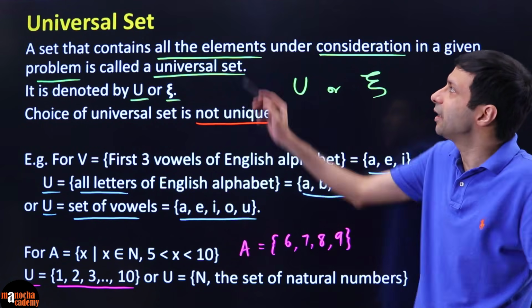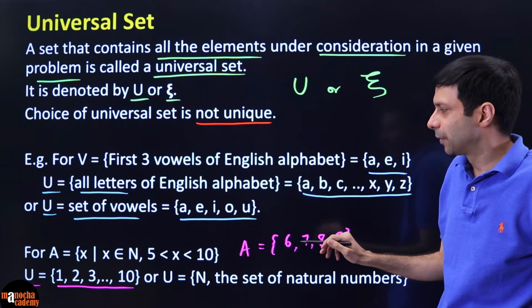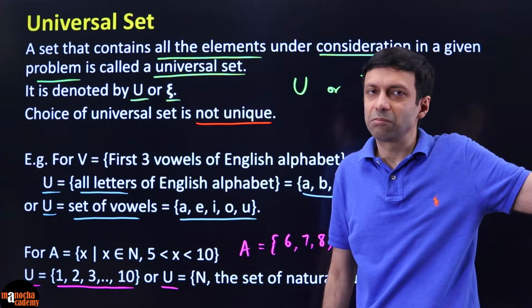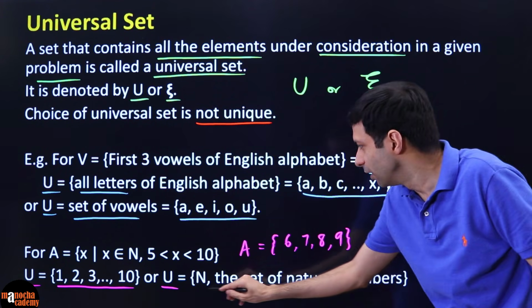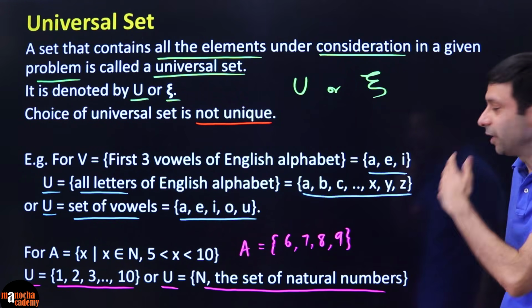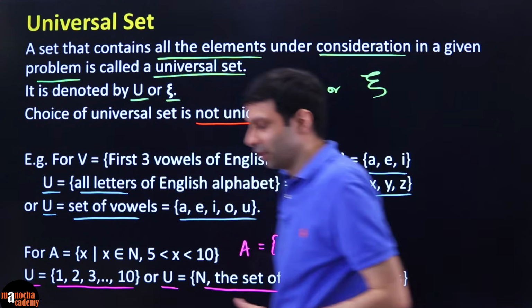Because universal set contains all the elements, right, which are under consideration. Or if you take another set, which is the set of all natural numbers, I can take a nice big one. This is an infinite set. It contains all the natural numbers in it and therefore it will have 6, 7, 8, 9 also in it.